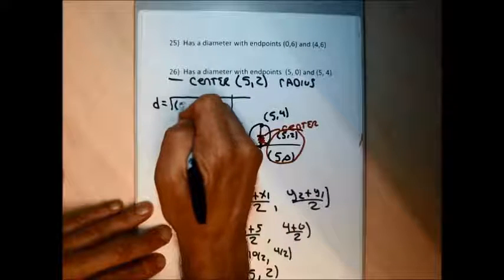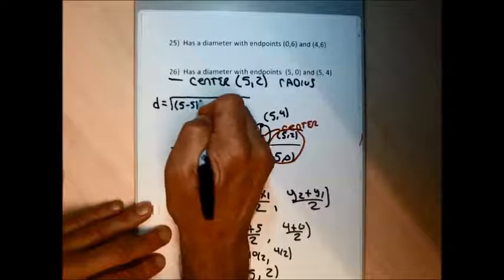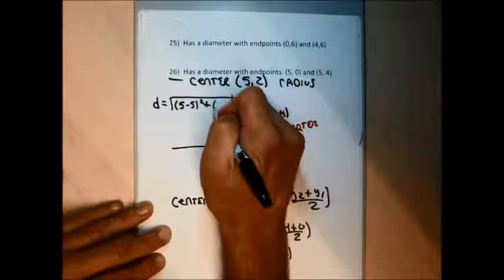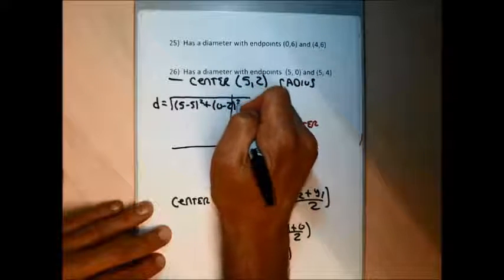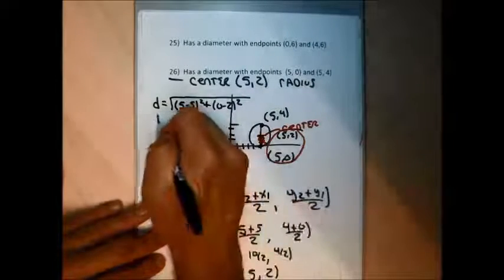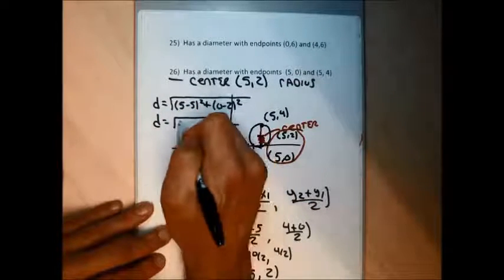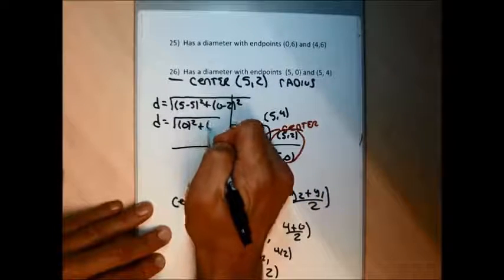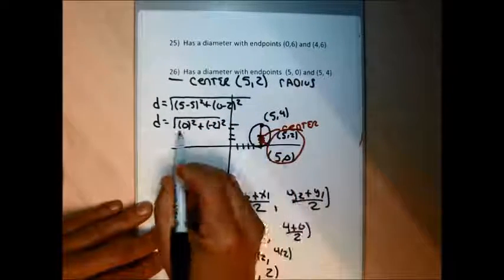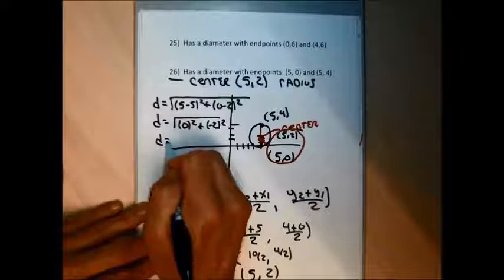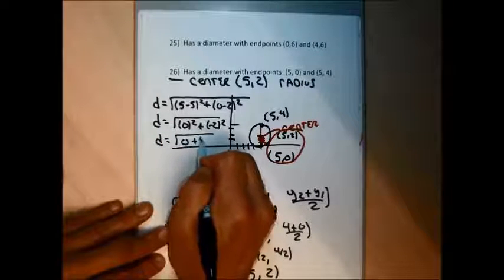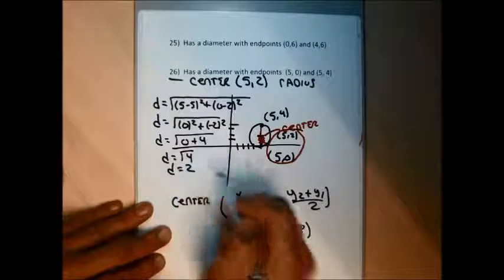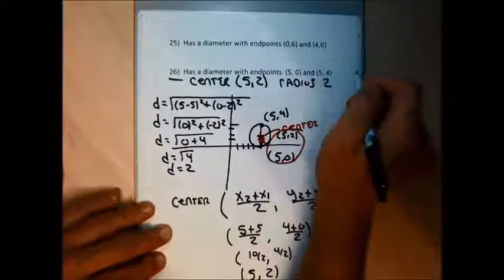In this case, that's (5 − 5)² + (0 − 2)². 5 − 5 squared is 0 squared. 0 − 2 squared is (−2)². This is going to be 0 + 4, so the square root of 4. That I can write as 2, so my radius is 2.